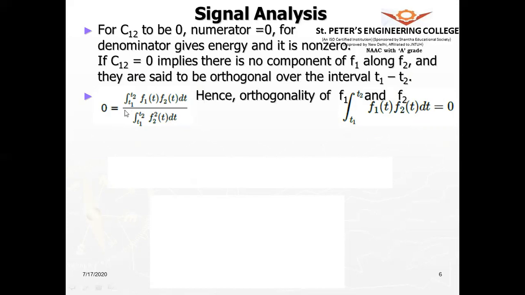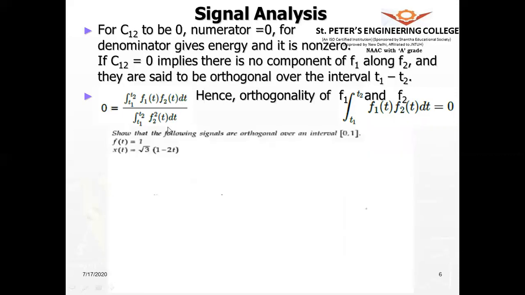In this case, the denominator cannot be 0 because 1 by 0 would be infinity. So therefore, if the right hand side should be equal to 0, then only the numerator term has to be equal to 0. Now, this is a condition for orthogonality of two signals.